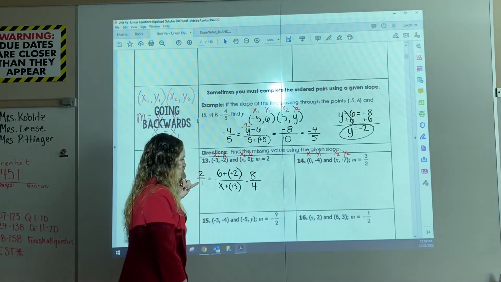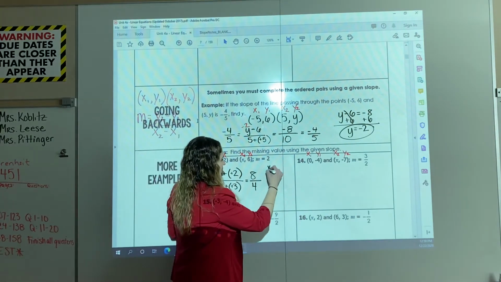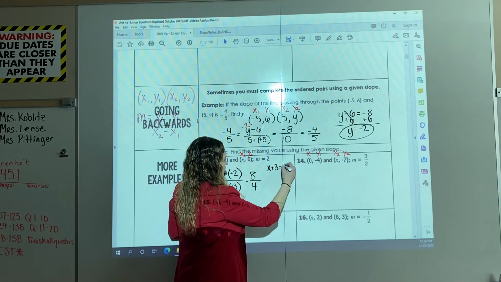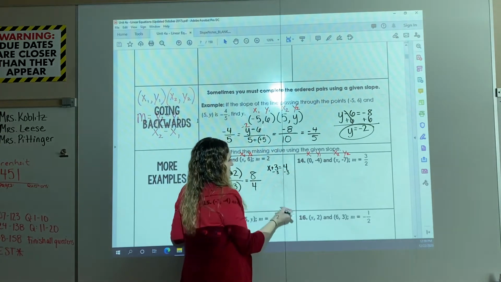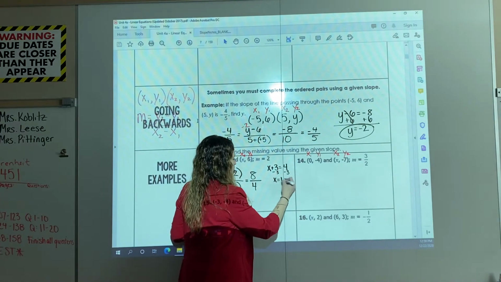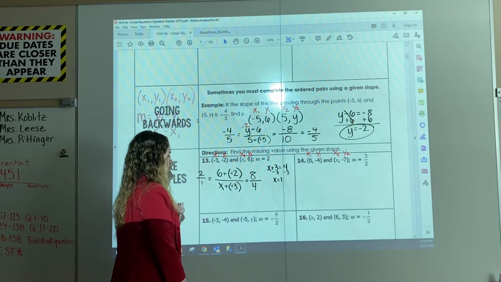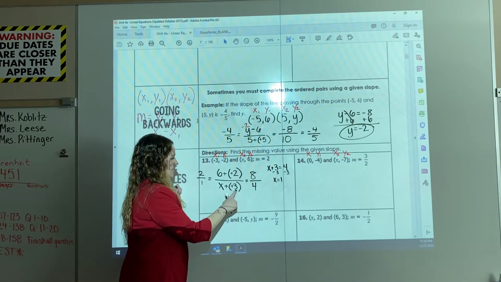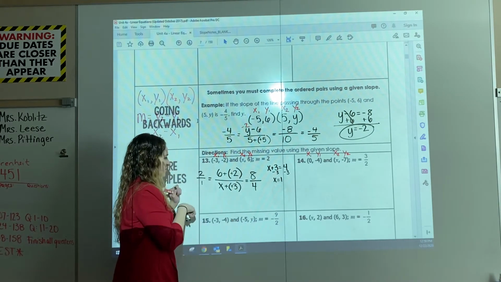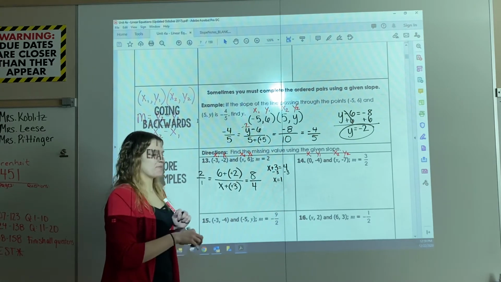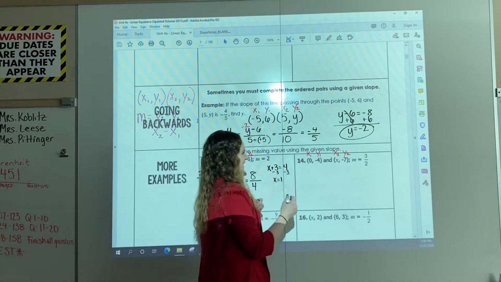But let's just make sure. x plus 3 equals 4. We're going to subtract 3, x equals 1. All right, let's see if that would work. 1 plus 3 equals 4. Absolutely, 8 over 4 simplifies to 2 over 1. We're good to go. On to the next one.